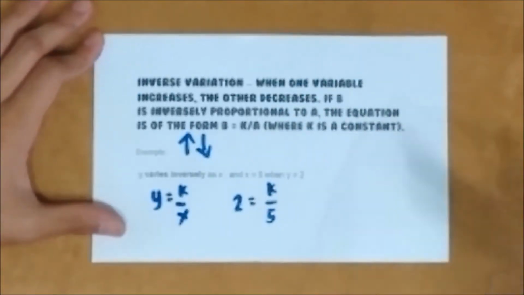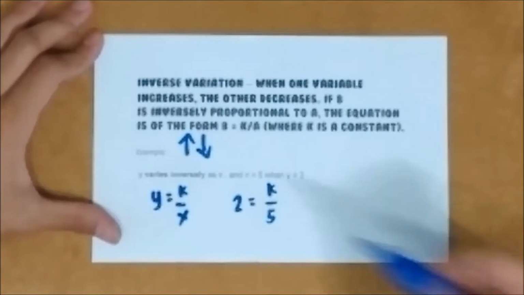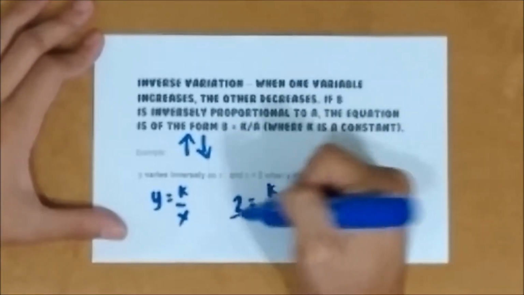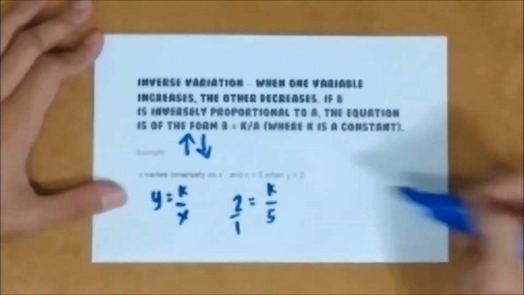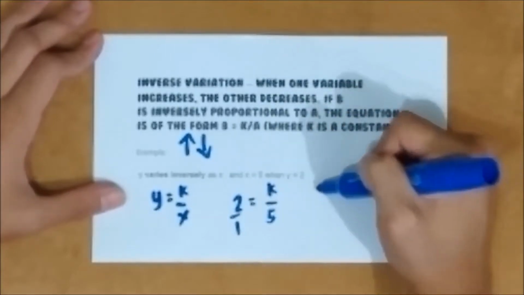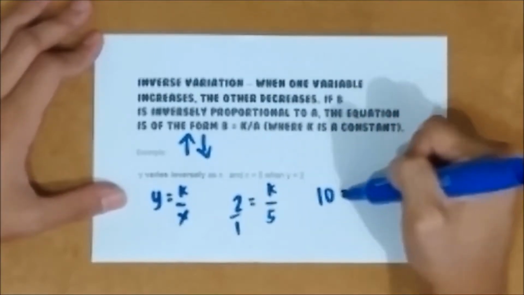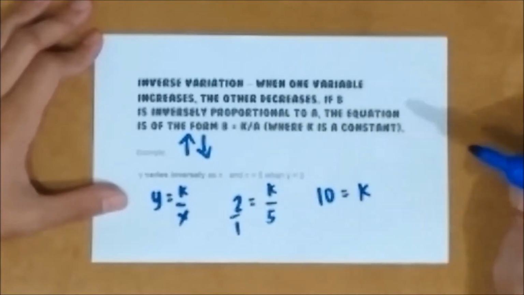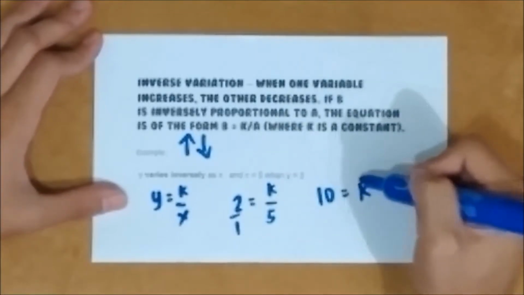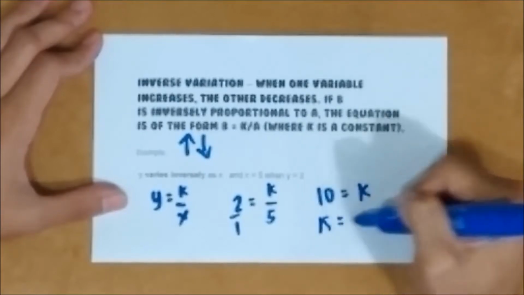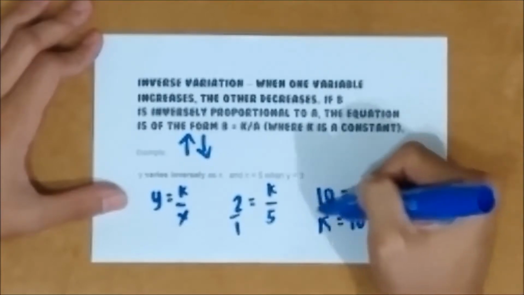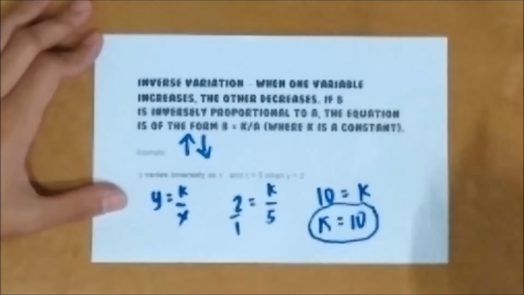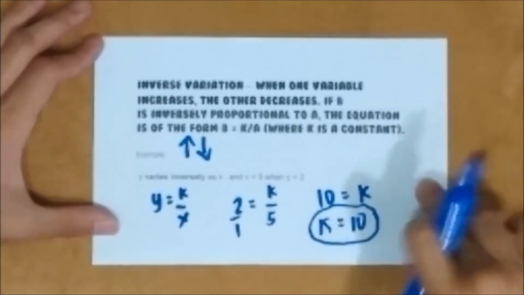Now, in order to simplify that, we must put the 2 into fraction form and then cross multiply. 2 times 5, 10 equals k times 1 is k. So there you have it. K is equal to 10. Simple, right?